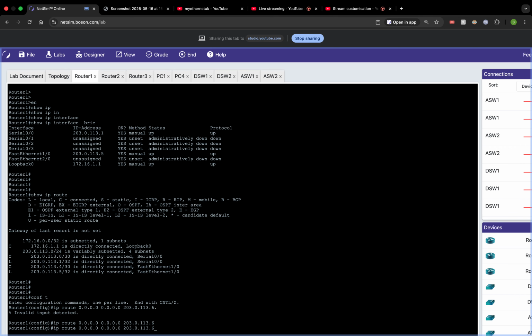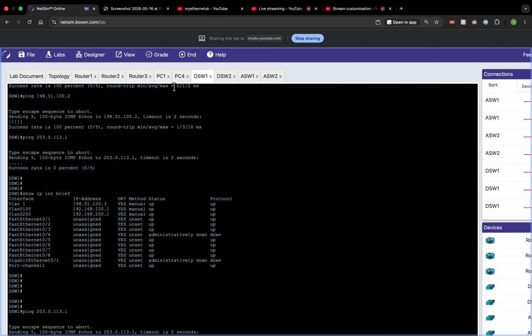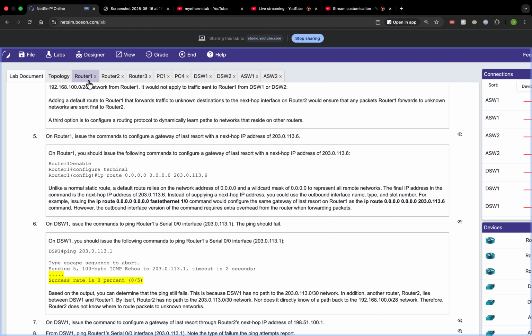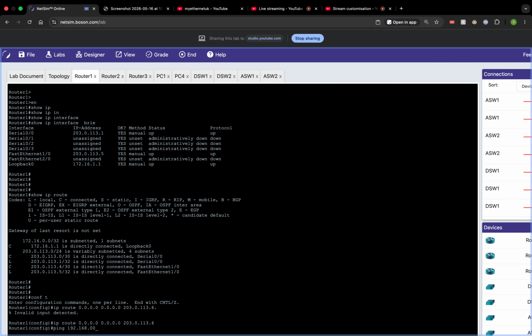Now, on DSW1, let's issue the commands to ping router 1's serial 0/0 interface again. Okay, to ping router 1's serial 0/0 interface. Yeah, so let's go here. I don't know why they tell you the outcome before you've done it. It would make more sense otherwise. But here we go.